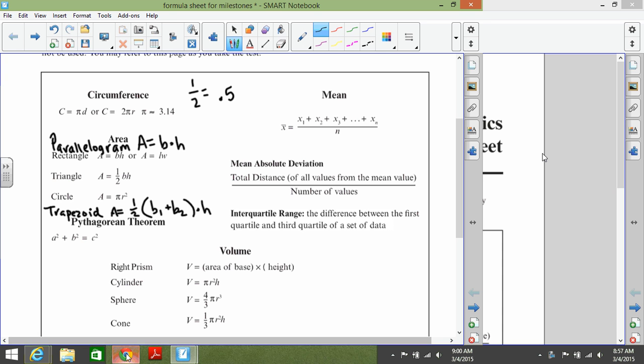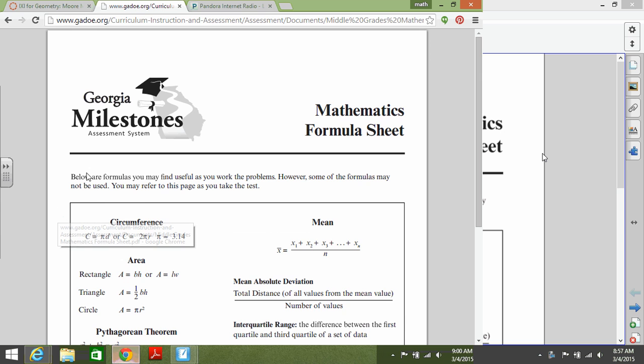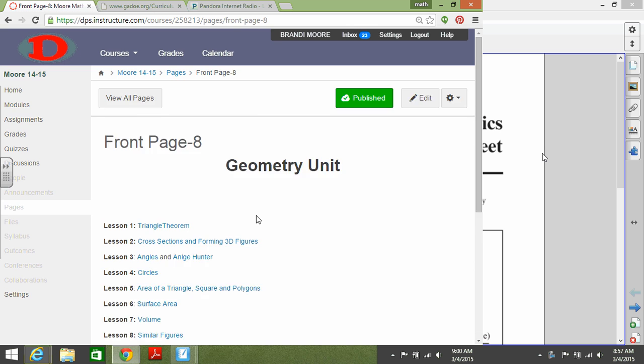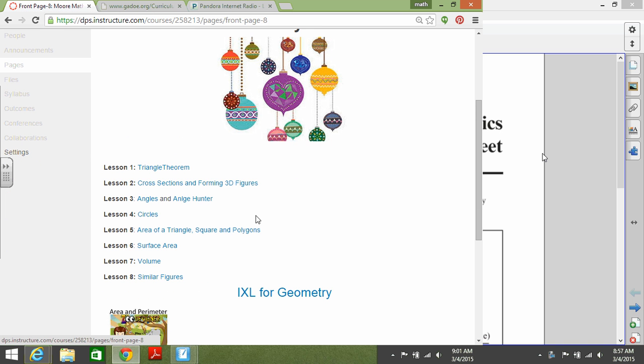Okay, so on Canvas, everybody needs to go to Canvas at this time. In our geometry unit, you need to go to lesson 5, area of a triangle, square, and polygons.